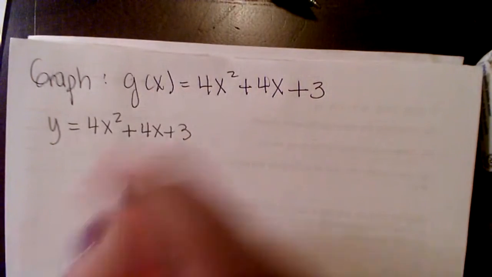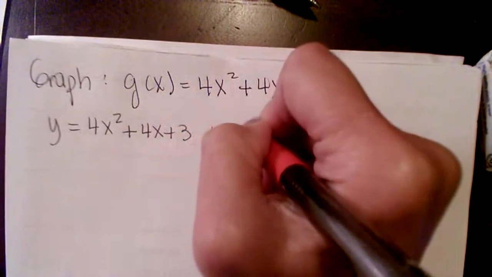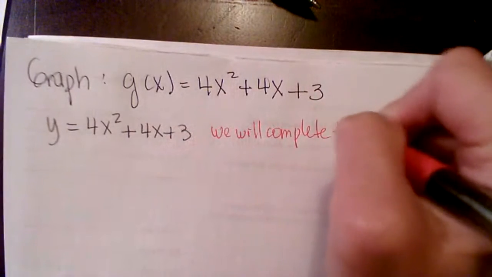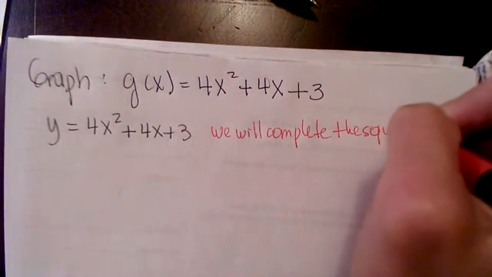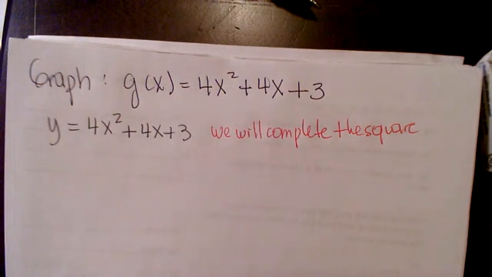So first, we will complete the square, but what we need to do first is factor out a.